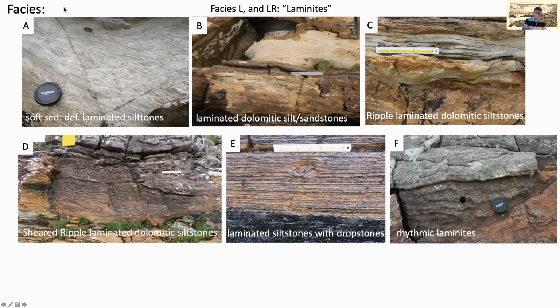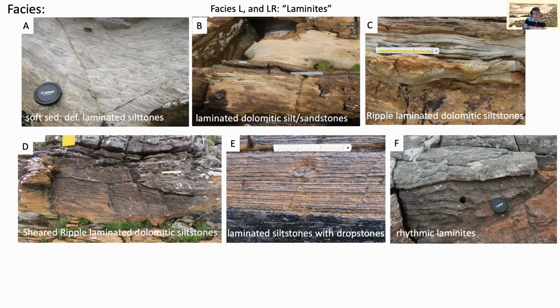What we can see in this panel of six photographs is that we've got abundant soft sediment deformation in laminated siltstones. We've got a fair amount of dolomitic material in the fine-grained units, which weathers brown. Sometimes that's interlaminated with the coarser component, particularly in the siltstone or the fine sandstone beds.